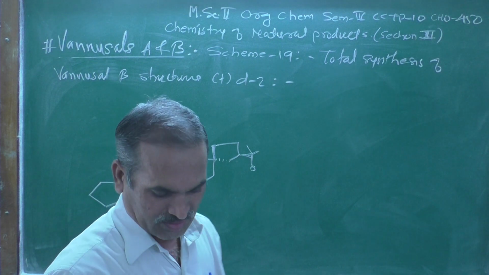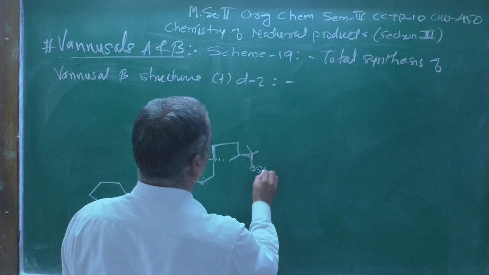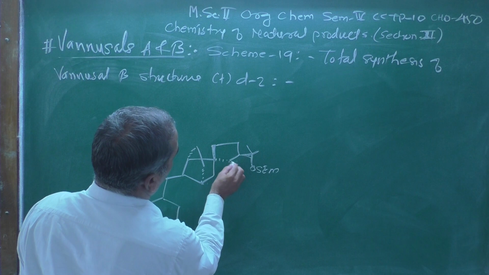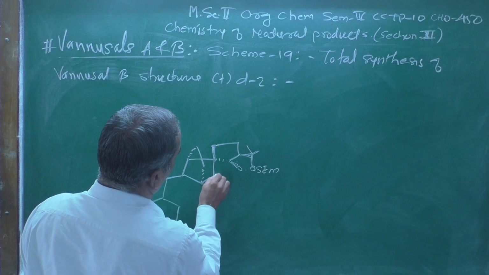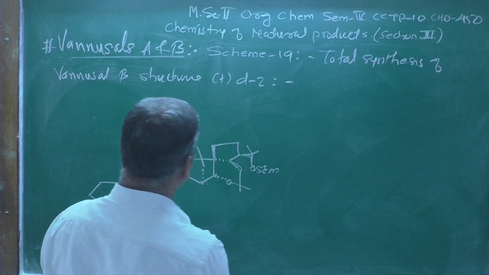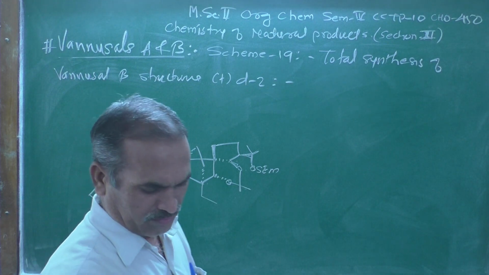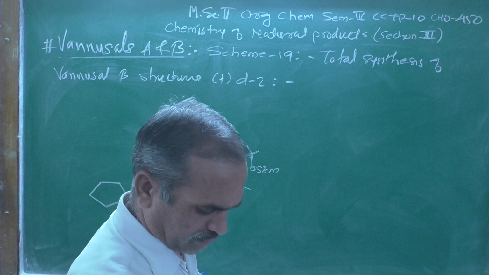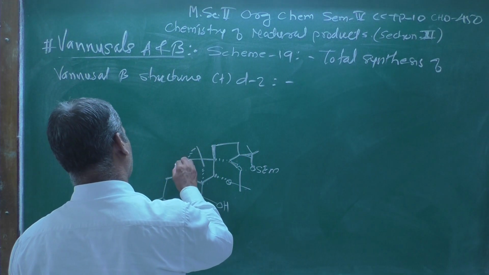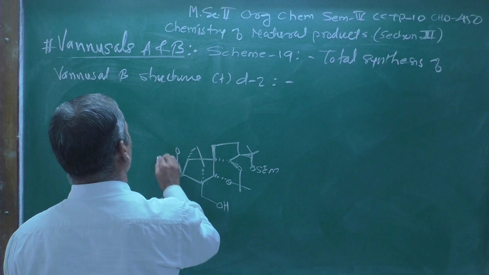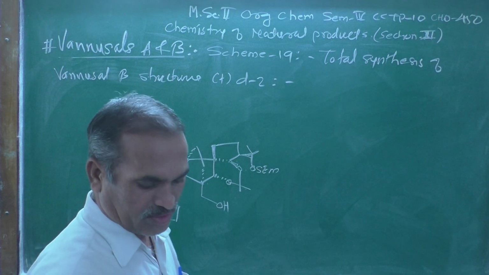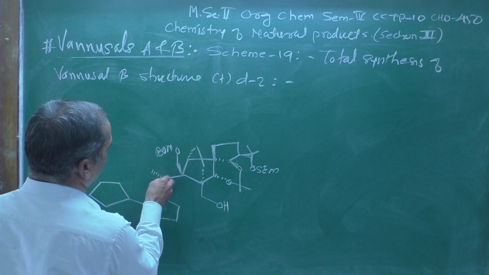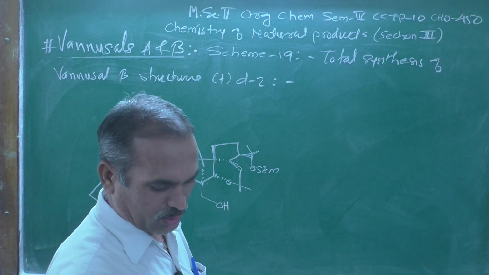After that, this group will be protected at the 1,3 position like this, O, like this, and here is a hydroxy group, a primary alcohol group, which is free. Here is the hydrogen atom, and here the group protected with BOM which is above the plane, and the hydroxy group at this 12 position is also below the plane.